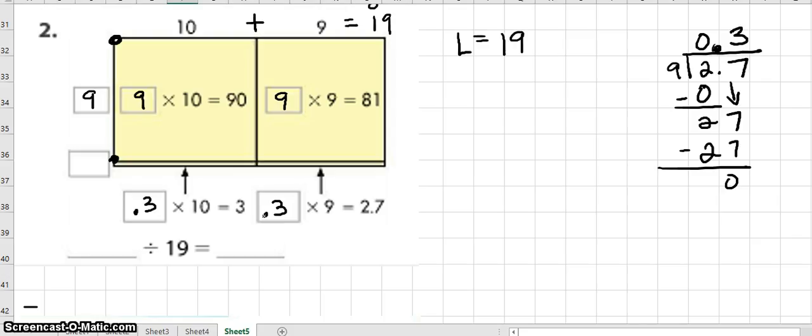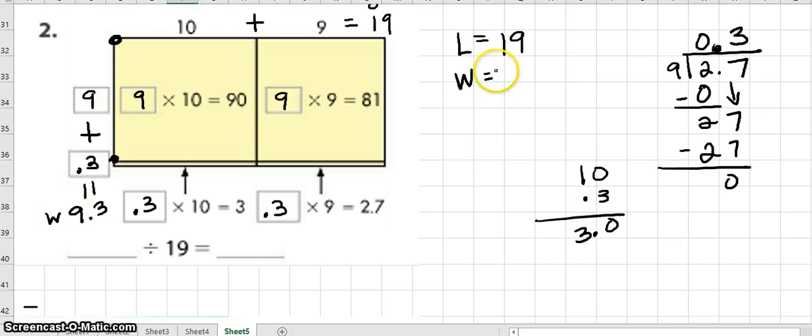So this would have to be 3/10, which makes this 3/10. So I need to check it to see. 10 times 3/10. Sure enough, it equals. And so my width there would be 9 and 3/10.